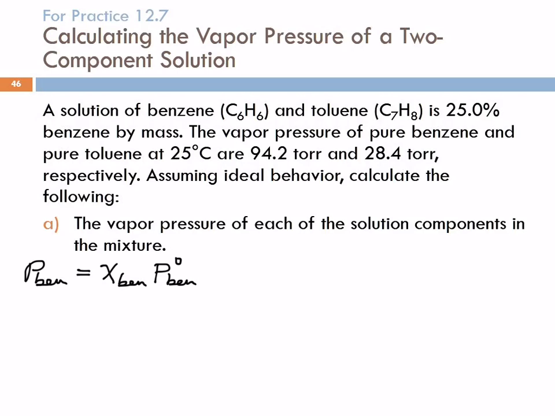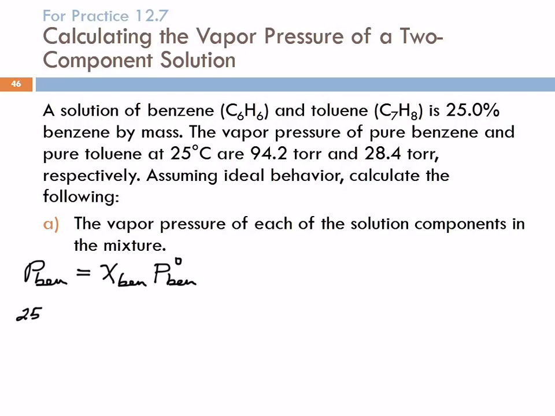Well, we've got this 25% benzene by mass. That means there's 25 grams per 100 grams, right? So let's just pretend that it weighs 100 grams. Then I know I have 25 grams of benzene, and I must have 75 grams of toluene.